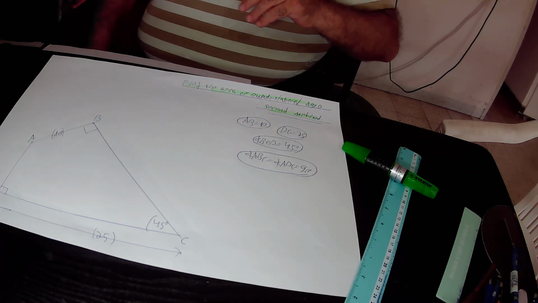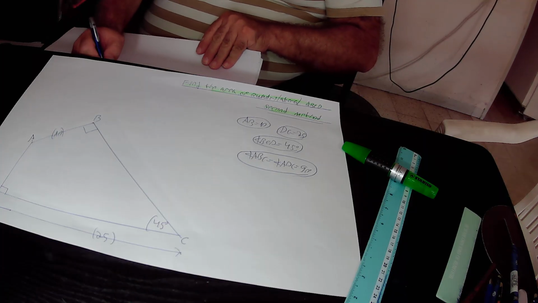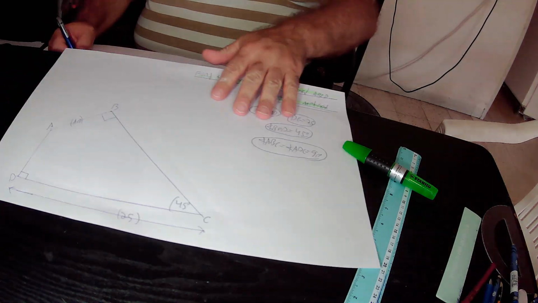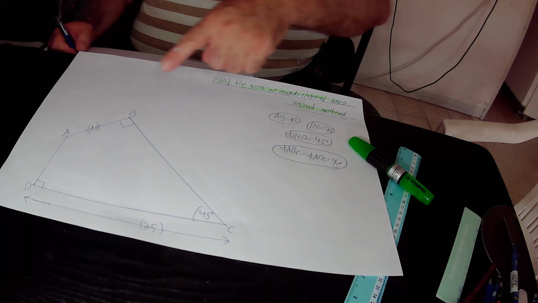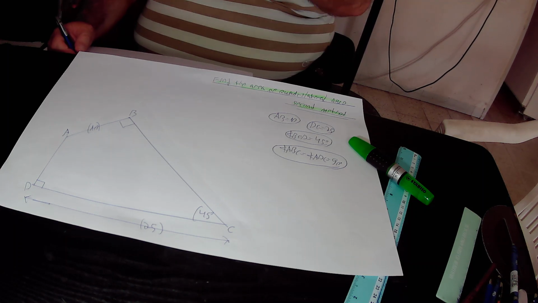In the second method, we will do a construction. That is to say, we will extend side DA and side CB on this quadrilateral ABCD by a straight line until they touch each other.